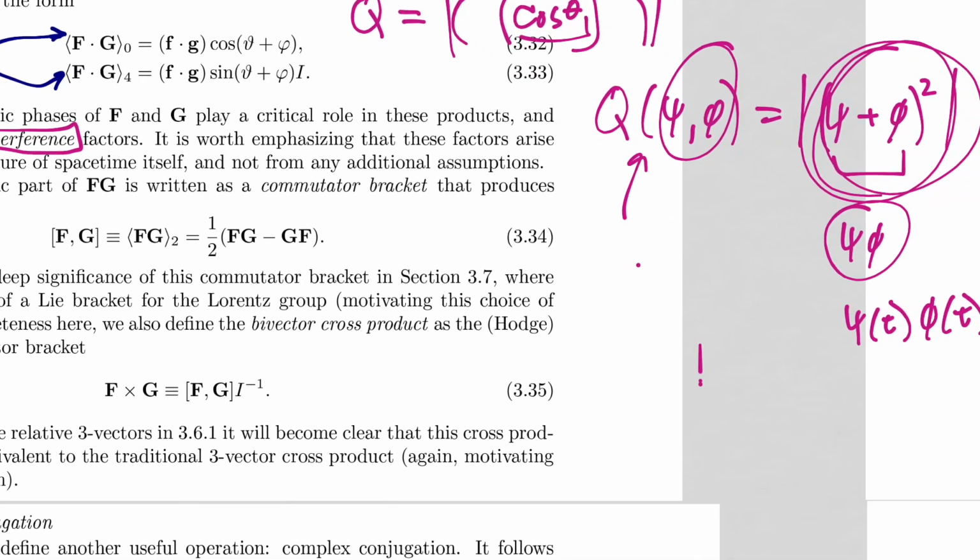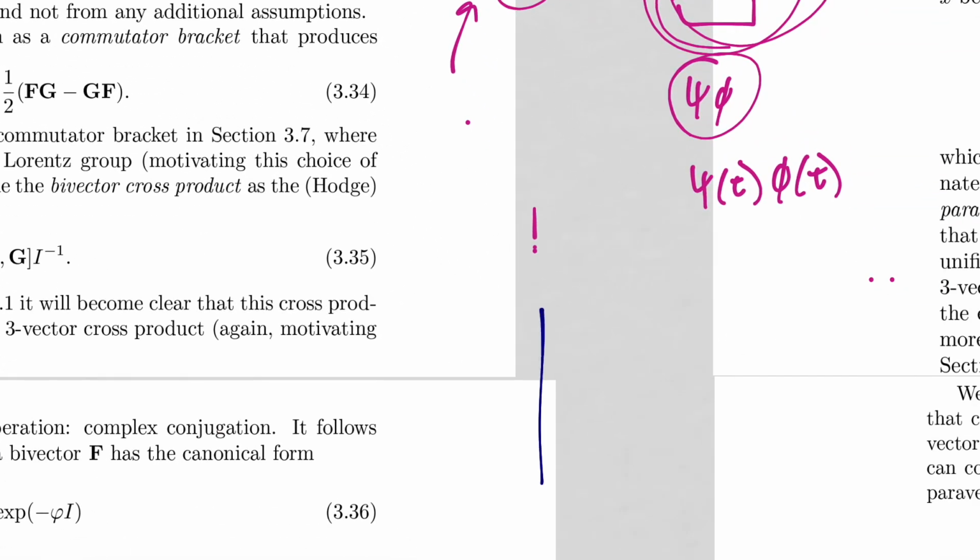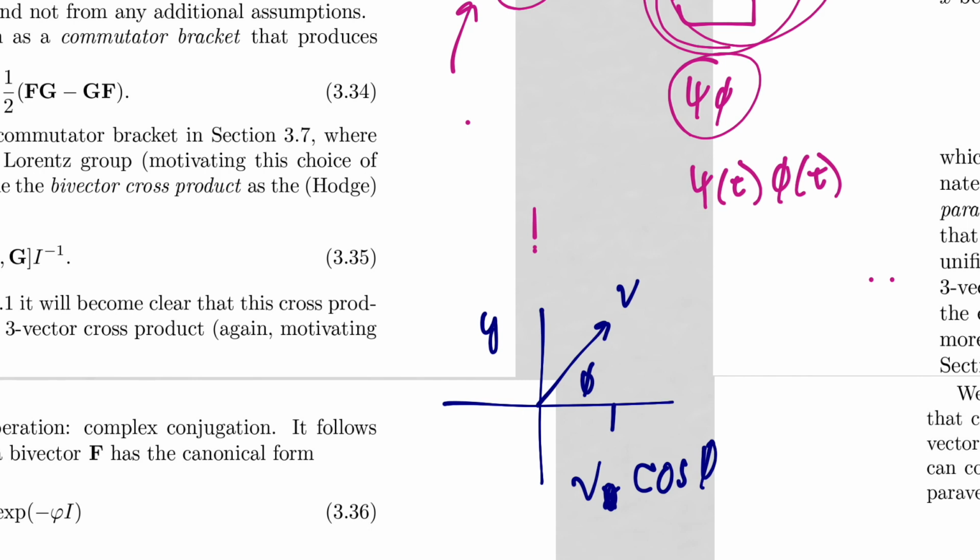For example, you could think of it this way, right? Imagine just a vector in regular space, your classic vector, and it has some angle. And the projection in the x, say this is v, well, we call that vx. Well, vx is equal to v cosine phi. And vy equals v sine phi.